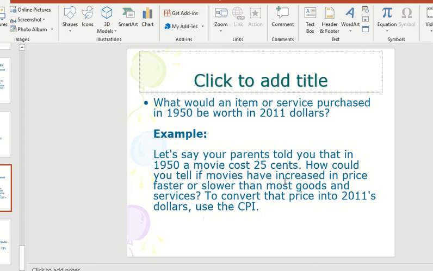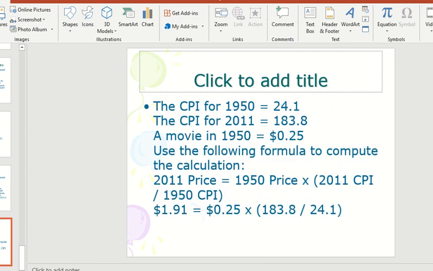Because if the movie ticket price rose according to the general prices of most goods and services in the economy, then it should have cost only $1.91. But the movie ticket price in 2011 was actually much higher than that.